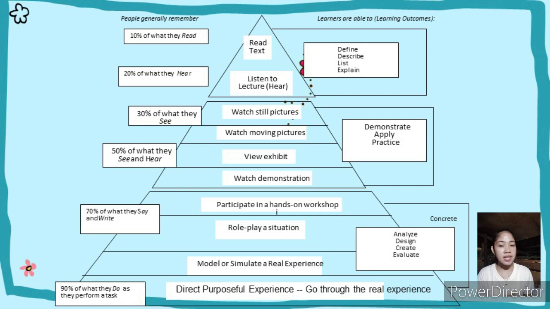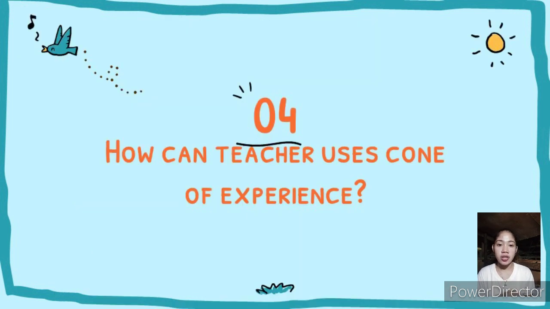So lastly, how can teachers use the cone of experience? According to Dale's research, the least effective method at the top involves learning from information presented through verbal symbols, such as listening to spoken words.